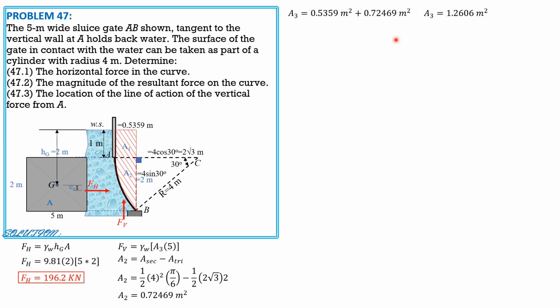So having found area 3, we can now compute Fv. Fv equals 9.81 times area 3, 1.2606, times 5. So Fv is equal to 61.83 kilonewtons.